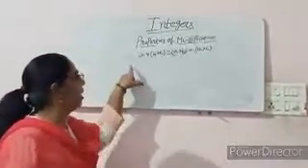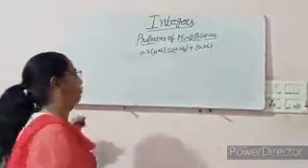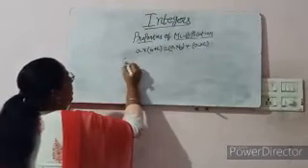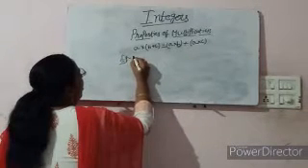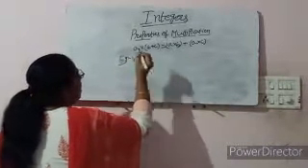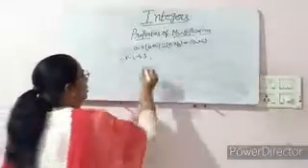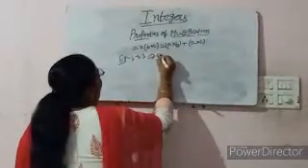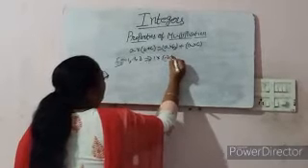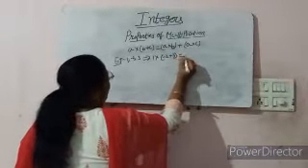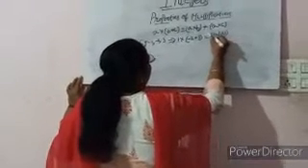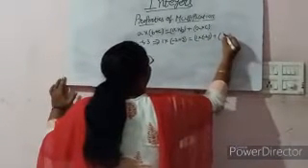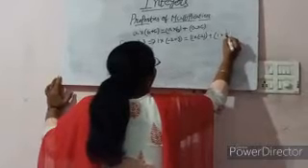Now we will check the property of addition first. For example, if I take three integers as 1, minus 2 and 3, then 1 into (minus 2 plus 3) should be equal to 1 into minus 2 plus 1 into 3.